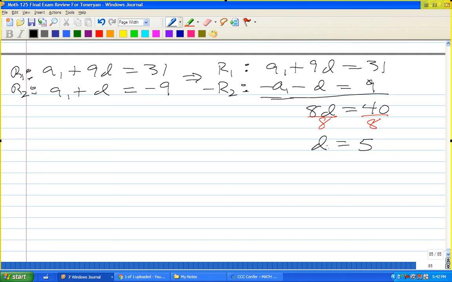And so let's figure out a1. Maybe I'll plug into R2. So I have a1 plus d is negative 9. Subtract 5 from both sides of my equation. So a sub 1 is negative 14.